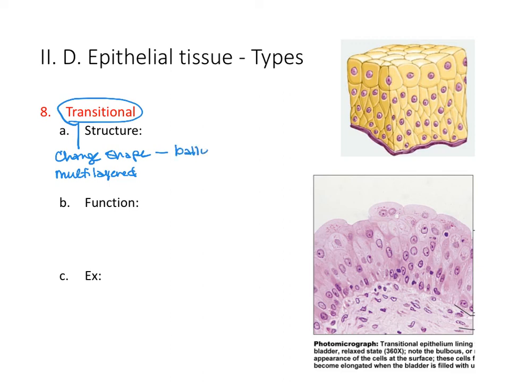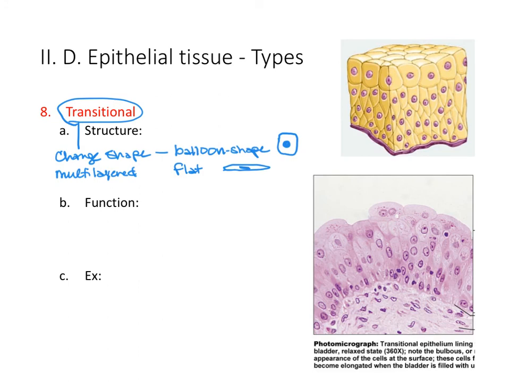So sometimes it has kind of a balloon shape. And by balloon shape, I mean kind of a rounded square. So we don't want to confuse it with stratified cuboidal, and the cells that are below it will look a little different, so you shouldn't, but don't. And then sometimes it's going to look flat, and it'll look sort of like this, okay?